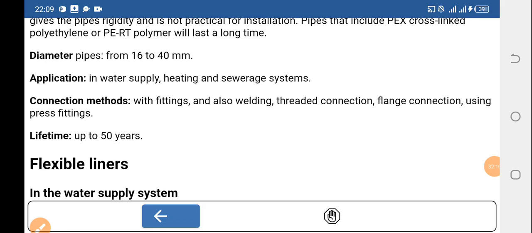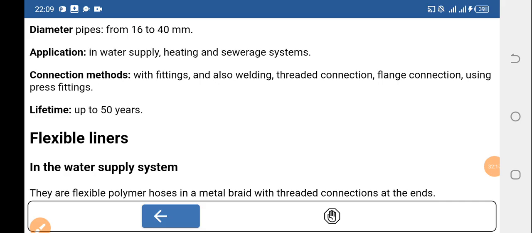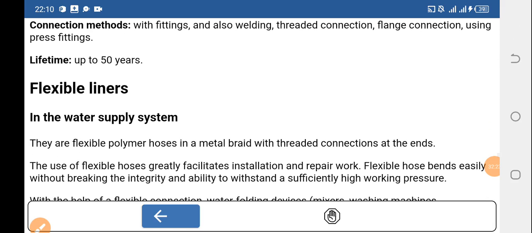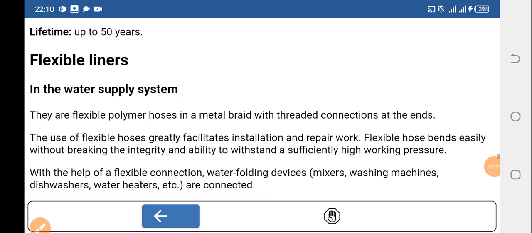That is the size of this pipe. In water supply, heating and storage, that's the application. Connection method with fittings, also soldering, threaded, flange connection, and using press fittings. Lifetime up to 50 years. So this pipe can last 50 years.